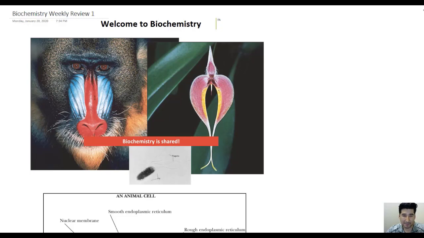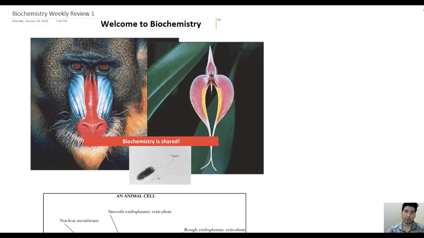What you should be taking away from this image is that the biochemistry is shared between these two things. They're both eukaryotes, and as a result, a lot of the biochemical processes that happen within this monkey actually happen in this plant as well.